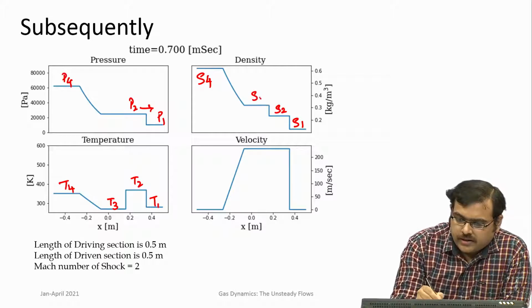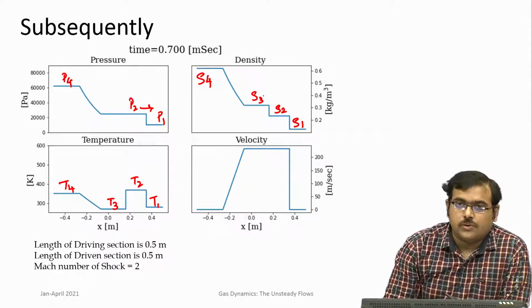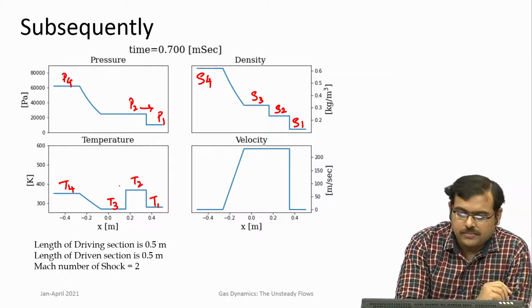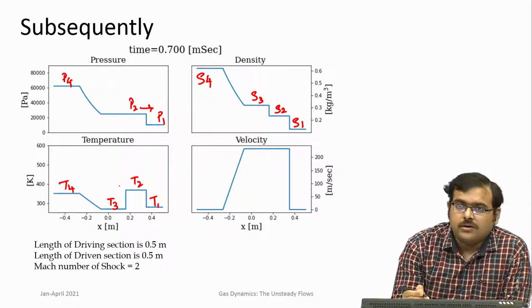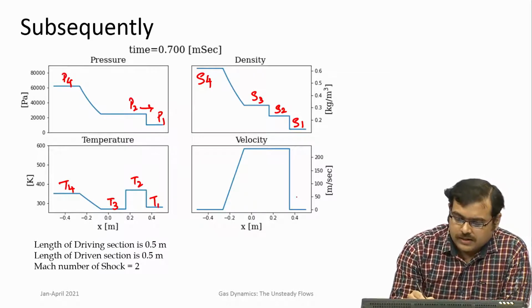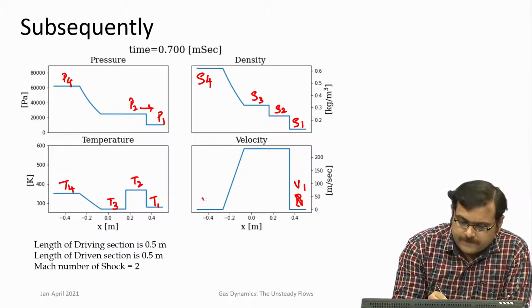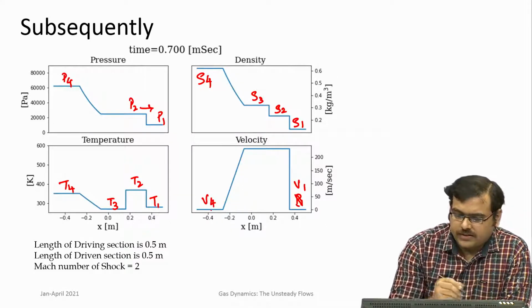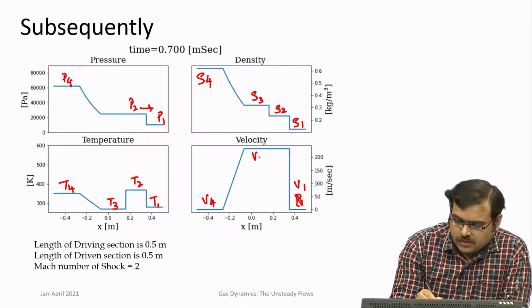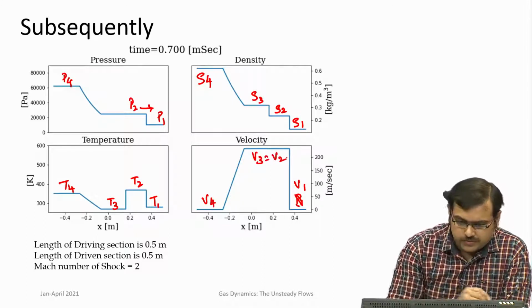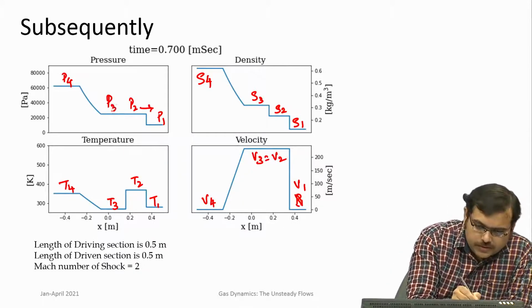There the contact discontinuity is shown very clearly, or the temperature profile, but pressure or velocity will not give you any information on the contact discontinuity. So, this is V3 equal to V2, P3 equal to P2.